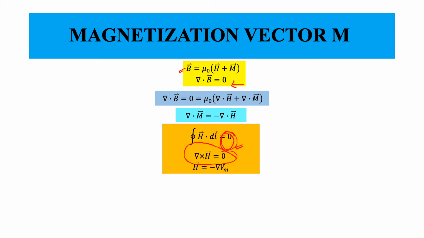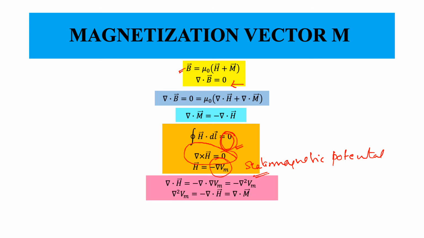So you can actually express H as a gradient of the scalar magnetic potential Vm, and you can actually derive a similar equation for H and Vm, just as you derived it for electric material, and call it the Poisson or Laplace equation.